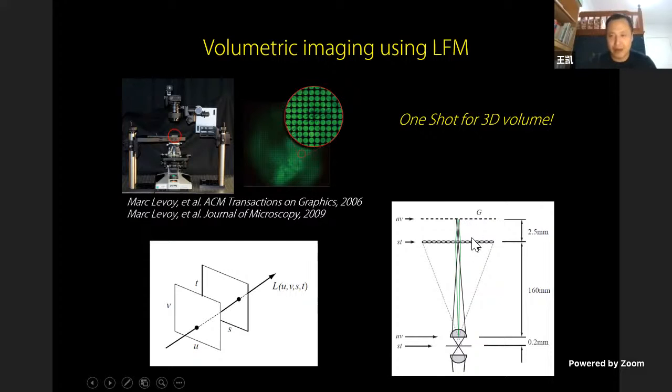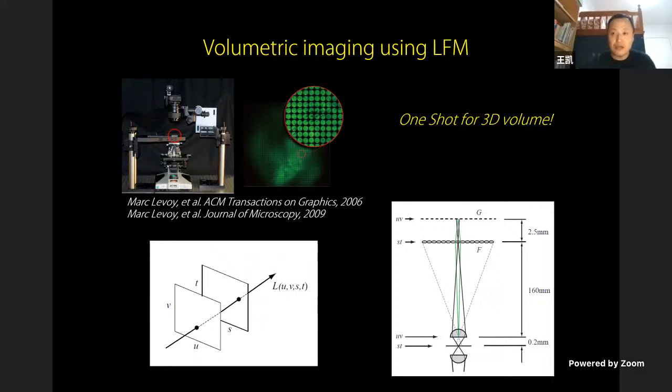Then you have a light field microscope. It not only collects where the light ray intercepts the camera, but also the direction of this light ray. So you can just take one picture and do the three-dimensional reconstruction and digital refocusing afterwards.